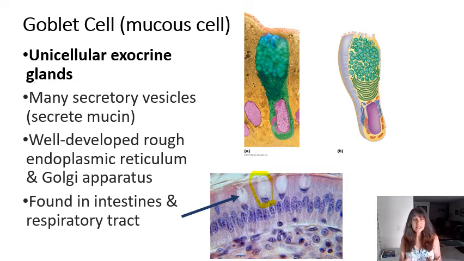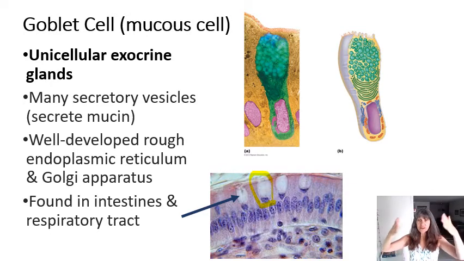We see a lot of goblet cells in the intestines to help move digested food through the intestinal tract, and we also find them in the respiratory tract. In the respiratory tract, the pseudostratified ciliated columnar epithelium, in the upper portion of the respiratory tract, the cilia actually sweep downward towards your throat, towards your pharynx, whereas in the lower respiratory tract, it's going to sweep upward towards your throat.